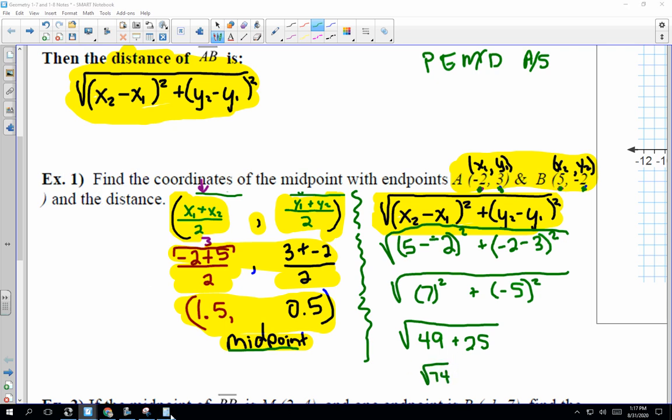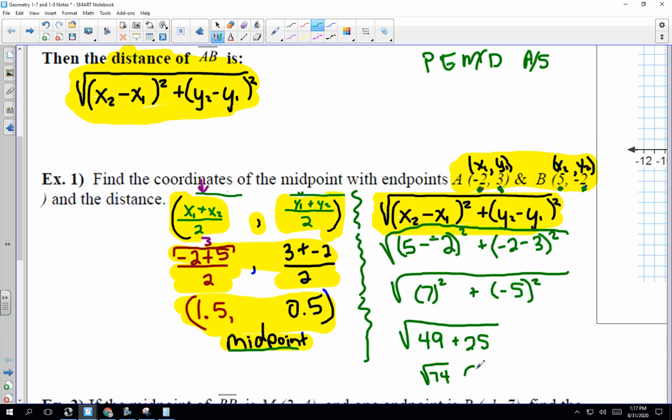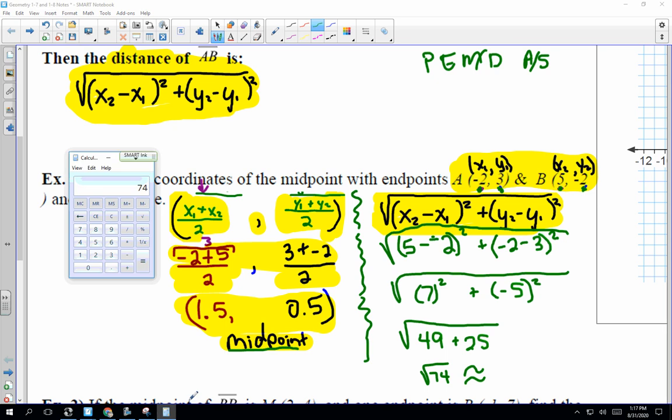And 74 isn't a perfect square, so we're going to get an approximate value. When we approximate, we get 2 squiggly lines, because it's not exactly equal, so it doesn't get to stay straight. Okay, so we have a square root here, right, square root of 74.